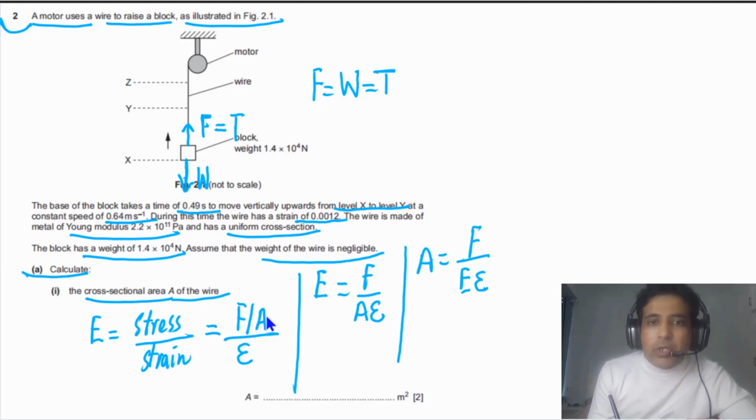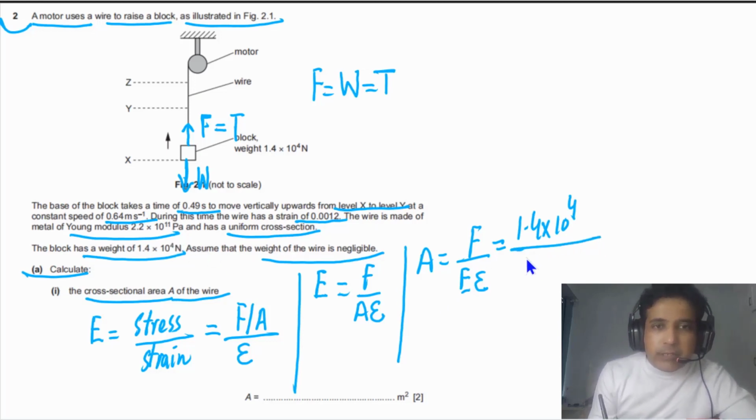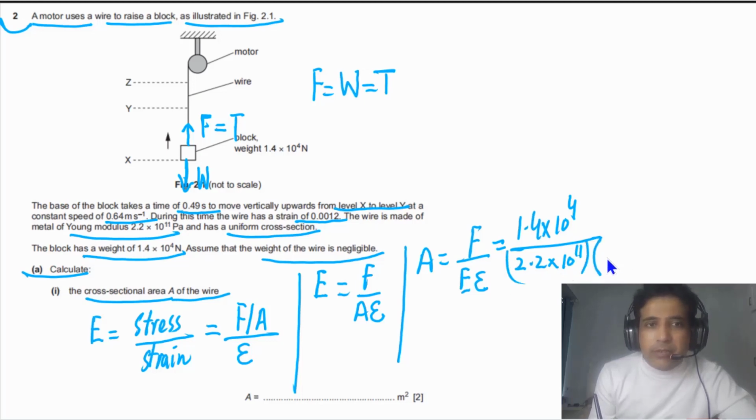Now we simply need to plug in values. We have the value of F, which is equal to the weight, 1.4 times 10 to 4, divided by Young's modulus, which is given as 2.2 times 10 to 11, and the value of strain is given as 0.0012.